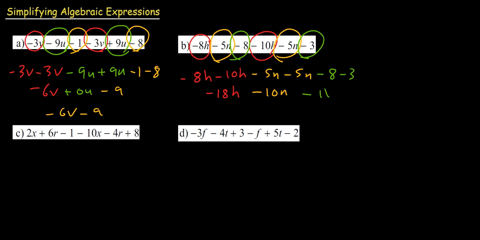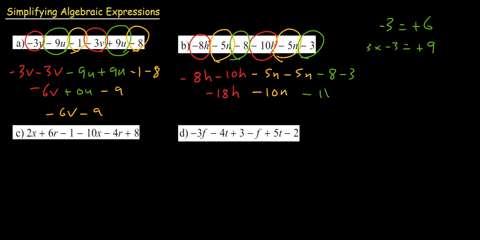A really important misconception is that negative 3, negative 3 is positive 6. That's only true if you're multiplying. So negative 3 multiplied by negative 3 is positive 9. Okay? A negative multiplied by a negative only gives a positive when you're multiplying.